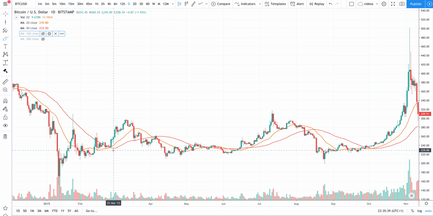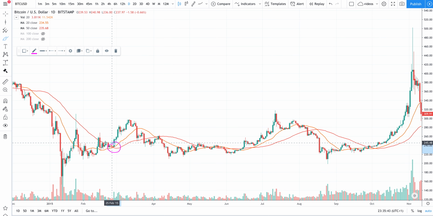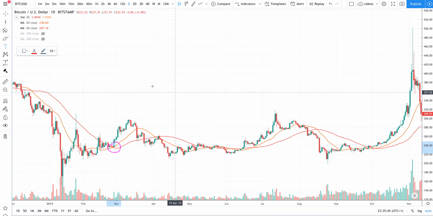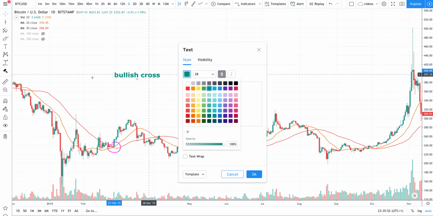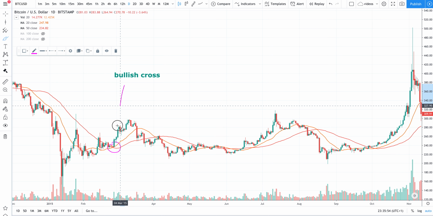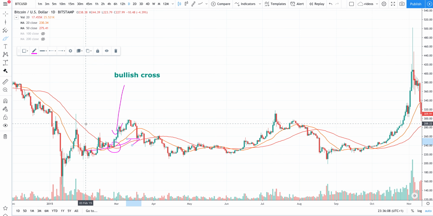So what's a bullish cross? This is clearly a bullish cross. Why is it defined as a bullish cross? Let's do it in green. This is a bullish cross because a faster moving average, the 20 in this case, is going over a slower moving average, the 50.